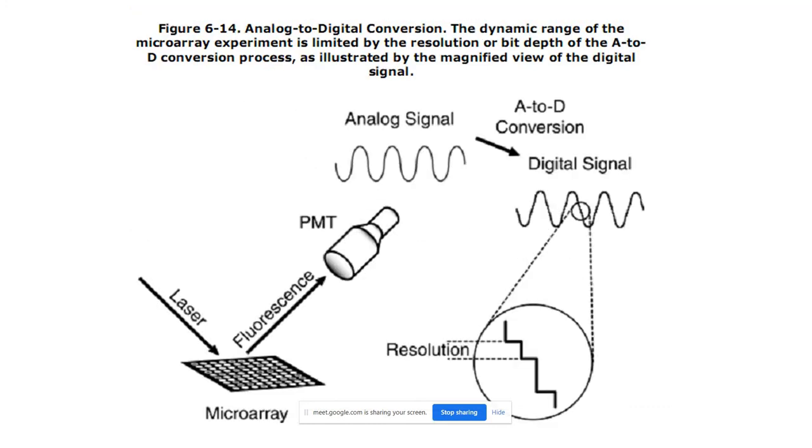So what happens? We convert analog signal to digital signal. How is it done? Here you can see this is the microarray slide. A laser beam is focused on the microarray slide. Then a photomultiplier tube is used here. It produces the analog signal. You are able to see this is the analog signal. Then this analog signal is converted into a digital signal.